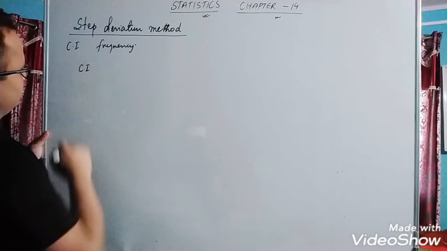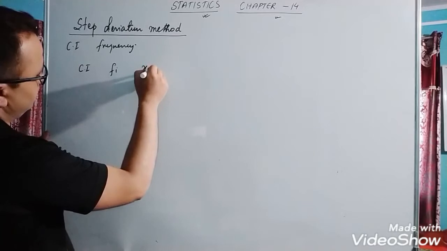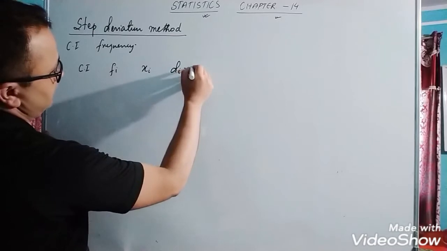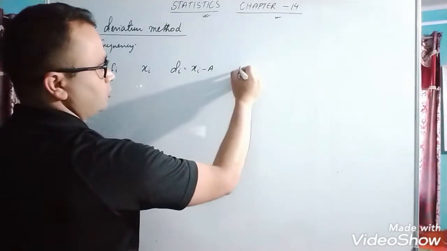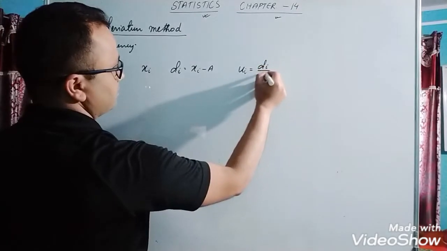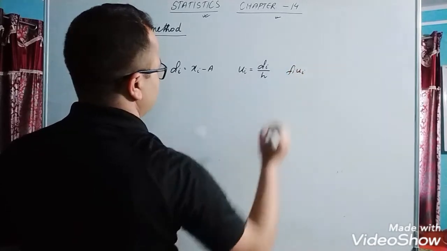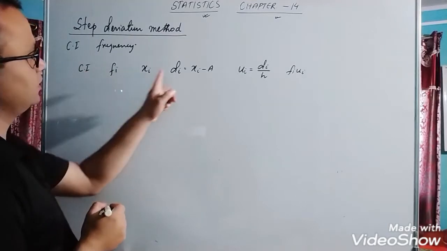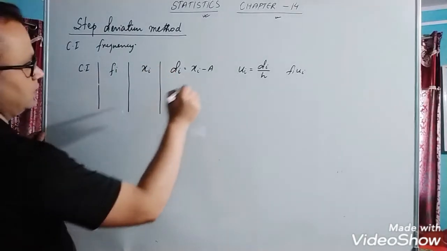First we write class interval, then frequency of the interval, then xi, then di, which is xi minus a, then ui, the step deviation, ui equals di by h, and the last one is fi ui. In the step deviation method there are 6 columns: 1, 2, 3, 4, 5, 6.